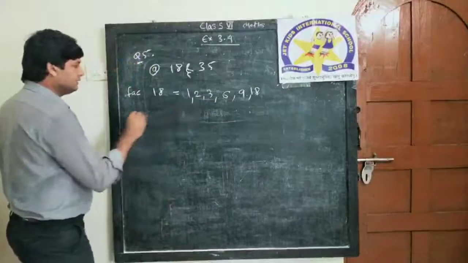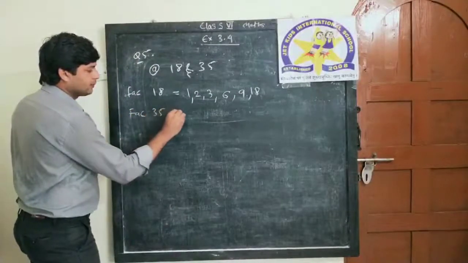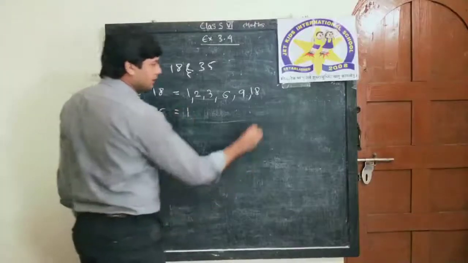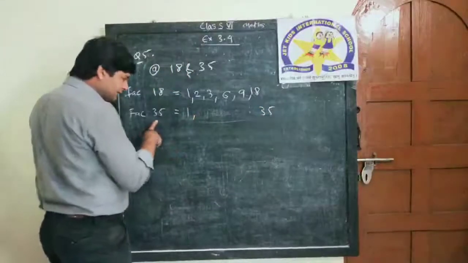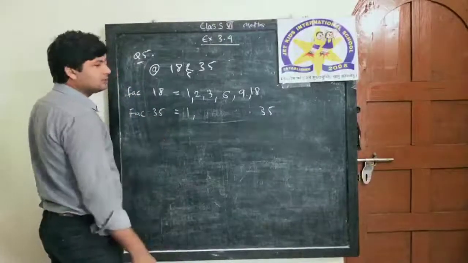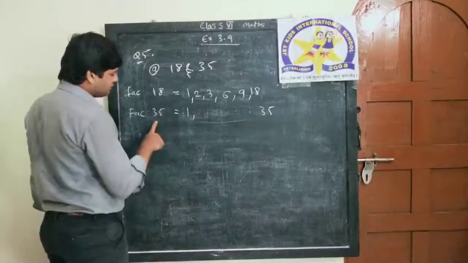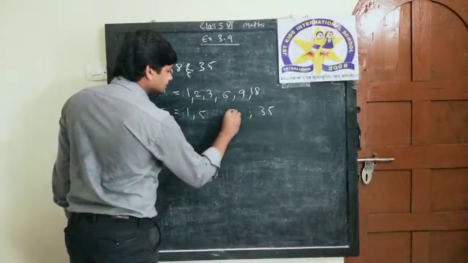Then factors of 35: 1 multiplied by 35. It is not divisible by 2, 3, 4 or 6. It is divisible by 5, that is 5 multiplied by 7.